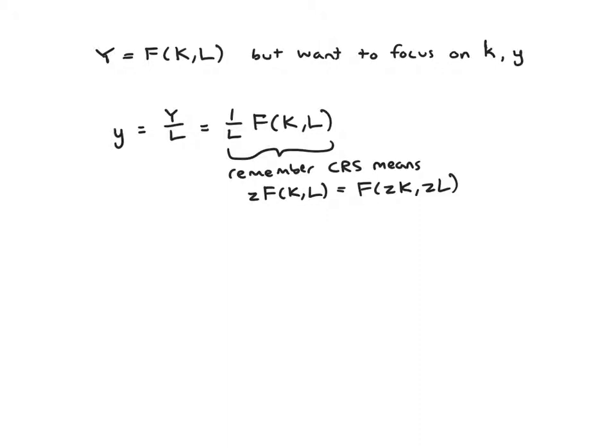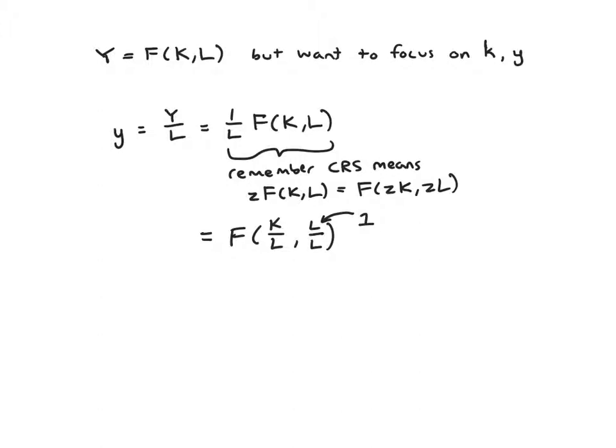And that means that if you multiply the production function times anything, that's equivalent to just multiplying all the inputs by that amount. So z here is 1 over L. And if we bring the 1 over L inside, we get F of K over L, L over L. Now L over L is just 1, so that stops being important.